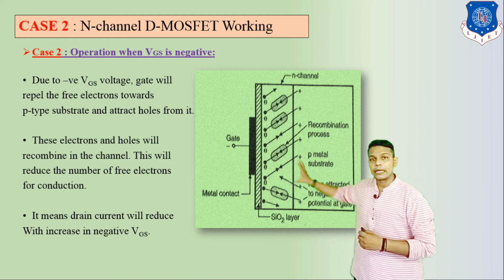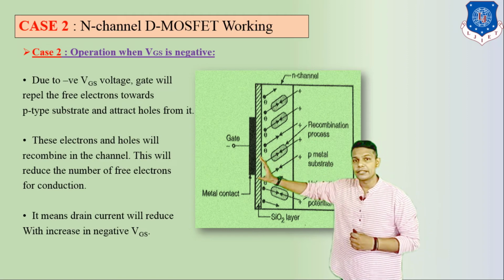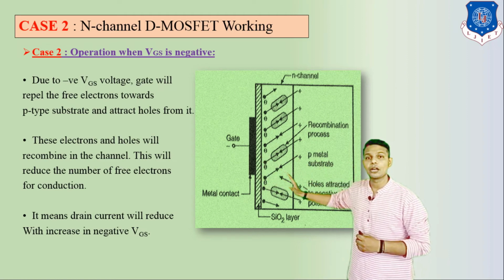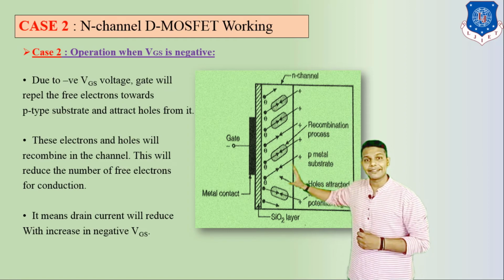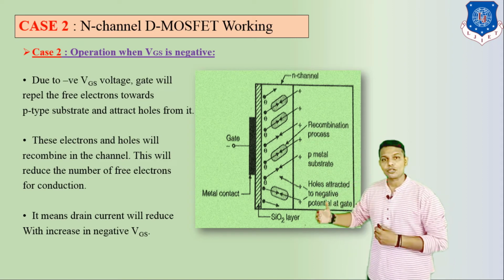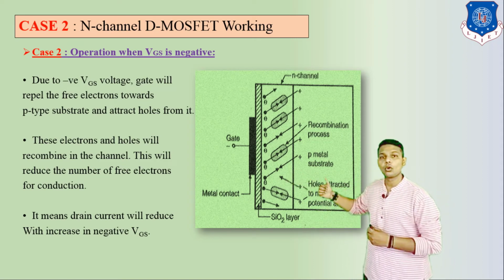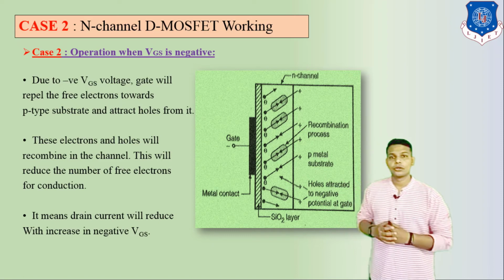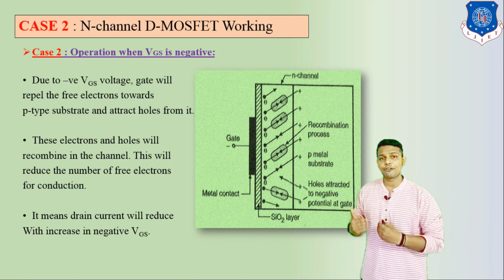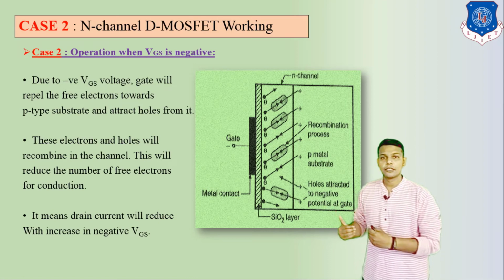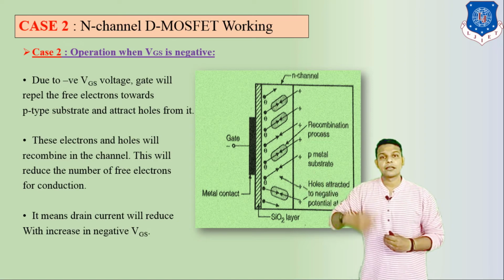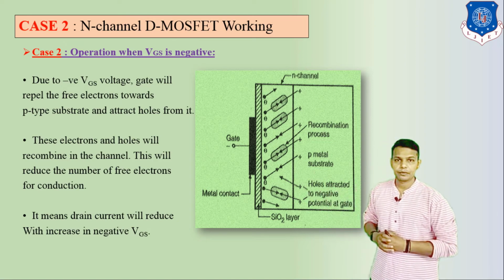So here in this material, the majority carrier charges are holes, and they are attracted towards this negative polarity. Due to this process, electrons and holes make a pair. So if we increase negative VGS, more and more electron hole pairs are generated.